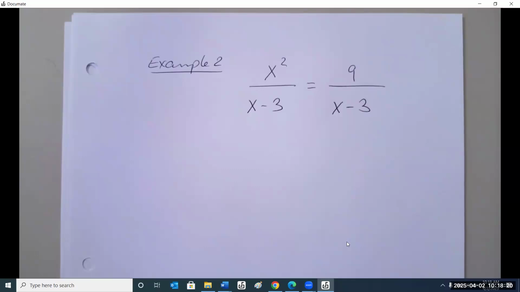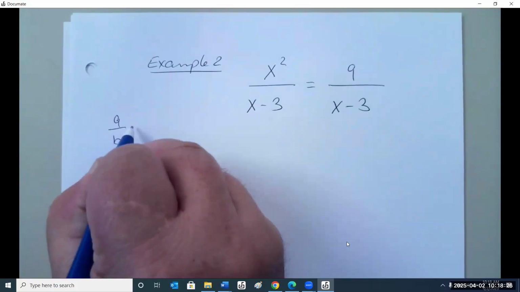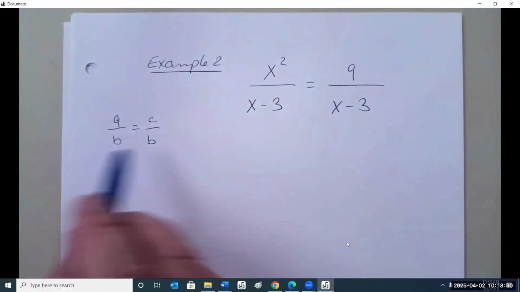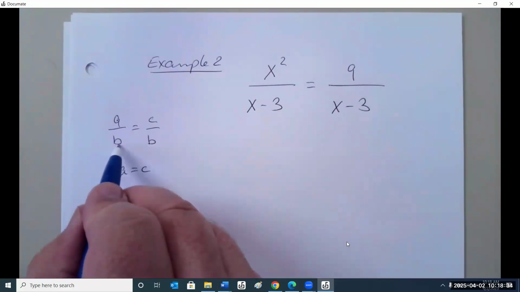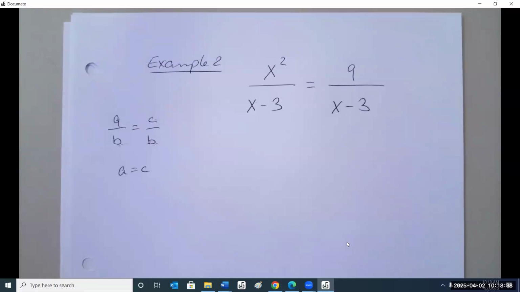There's a property, a theorem that says if I have two equations, if A over B equals C over B, then the only way they can be equal is if A equals C. If the bottoms are the same, the only way they can be equal is if the tops are the same.